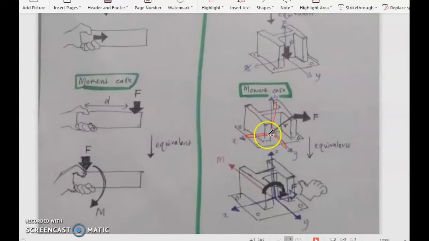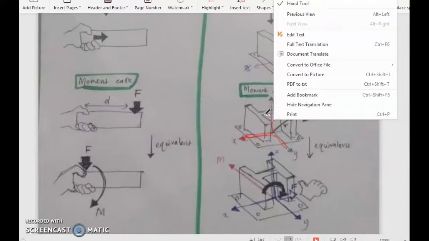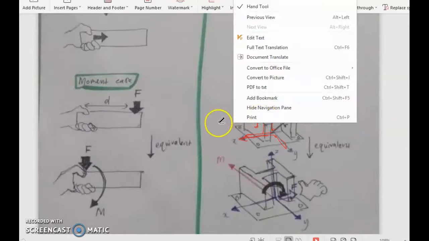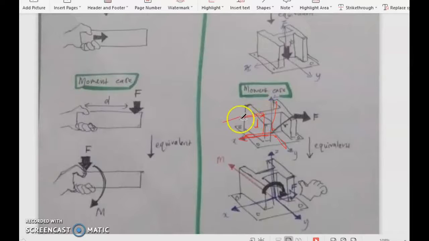But if, let's say, it is on the x-axis, but there's a line of action d here, so your force is over here, this way the moment will be produced.